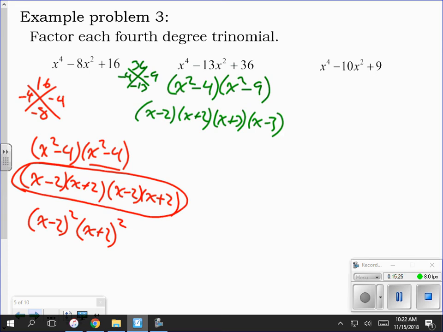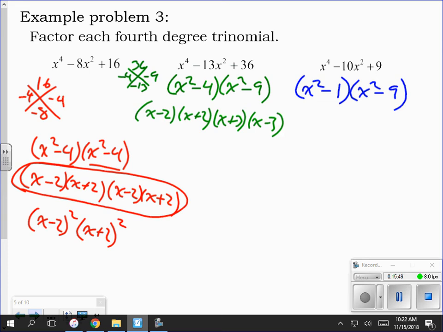So you can probably guess what's going on with the last one. Two numbers that multiply to give me 9, that add to give me negative 10. Negative 1 and negative 9.